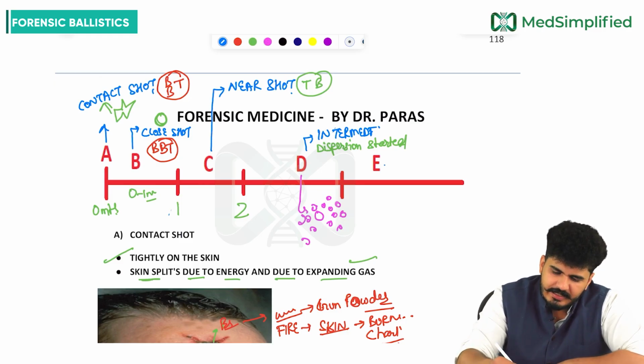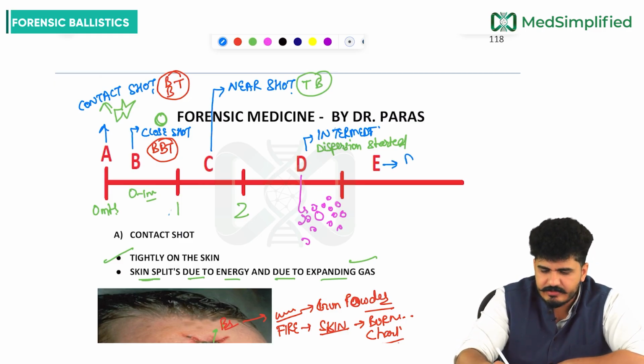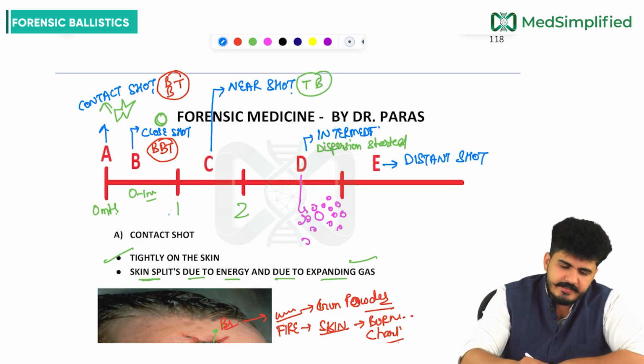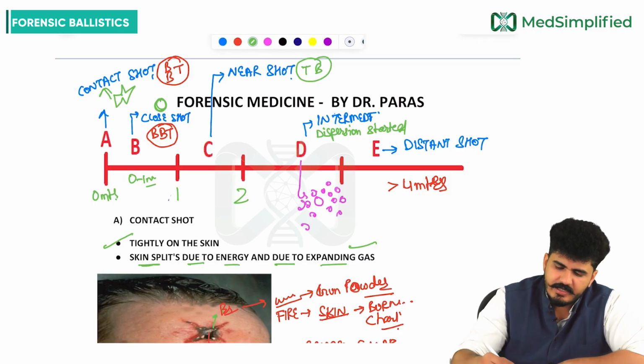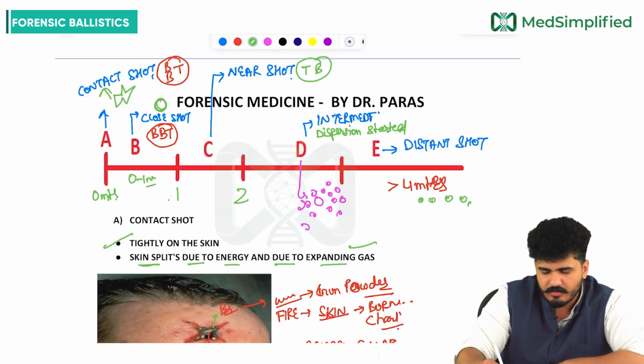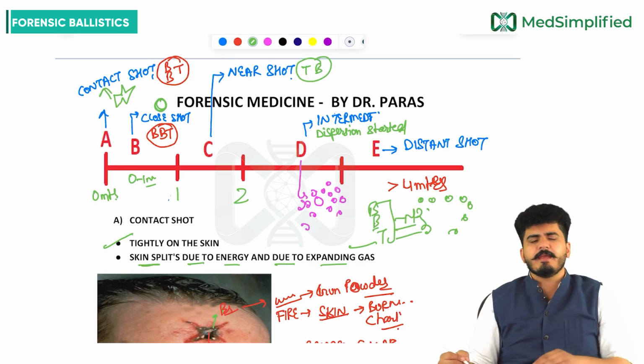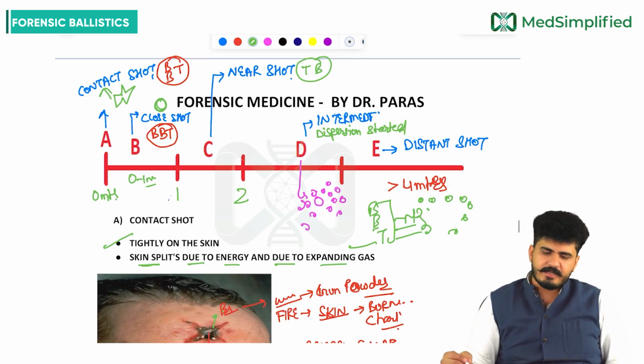Then we talk about E. This E is the distant shot, taken from a distance of more than 4 meters. Now you will see small holes only. Burning, blackening, tattooing are absent.